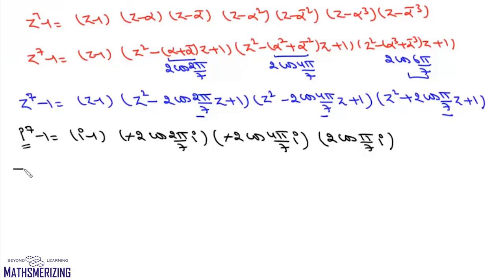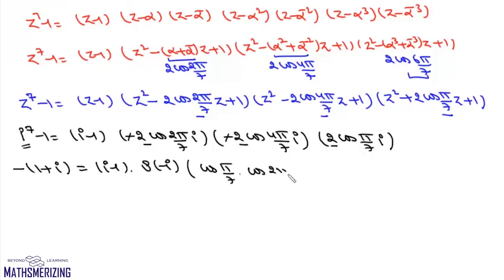So we'll take minus common and we'll get this as (1 plus iota). Here it will be (iota minus 1), and then 2 into 2 into 2 will be 8, and then iota cube. Iota cube is minus iota, and here we'll have cos pi by 7 into cos 2 pi by 7 into cos 4 pi by 7.